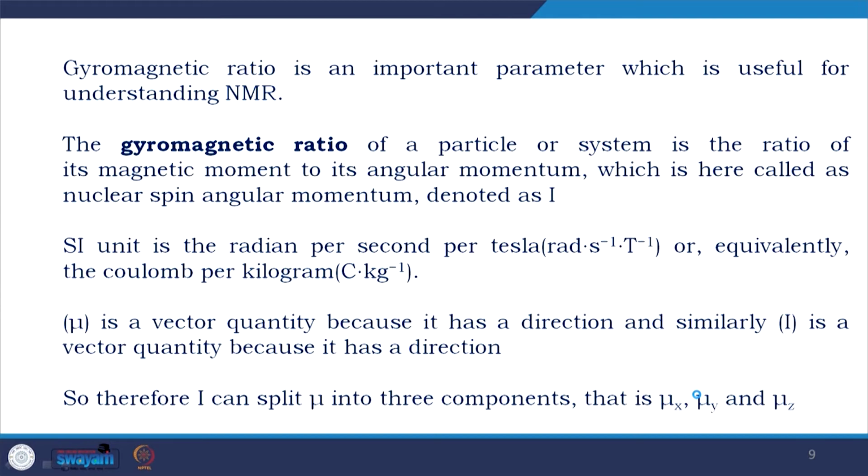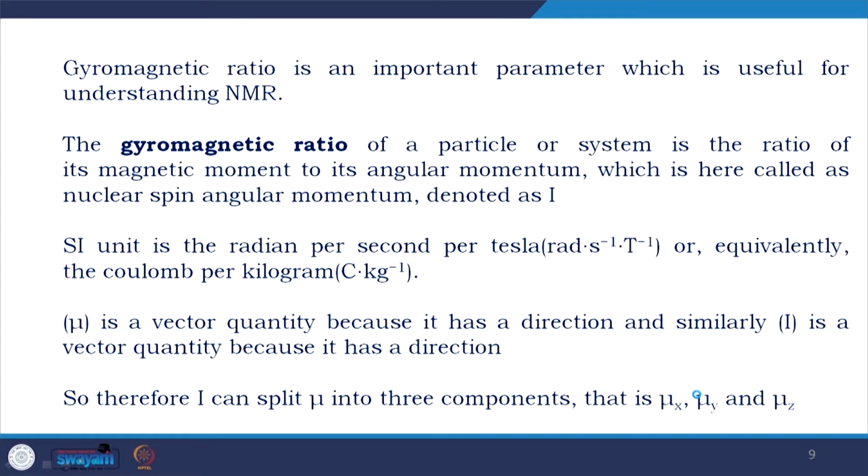The gyromagnetic ratio is an important parameter which is useful for understanding NMR. The gyromagnetic ratio of a particle or system is the ratio of its magnetic moment to its angular momentum, which is here called the nuclear spin angular momentum and denoted as I. So, gamma is the ratio of magnetic moment to angular momentum.